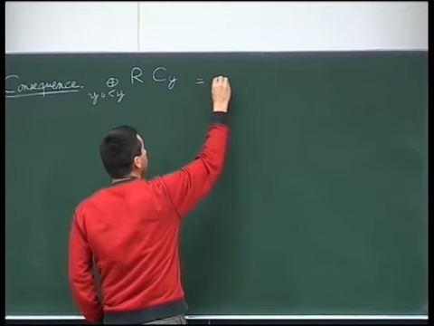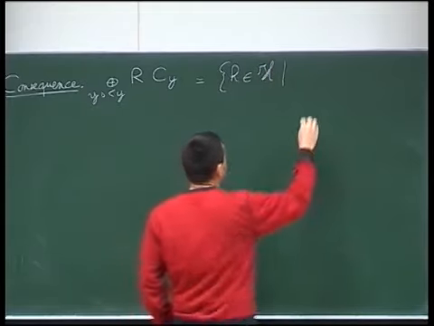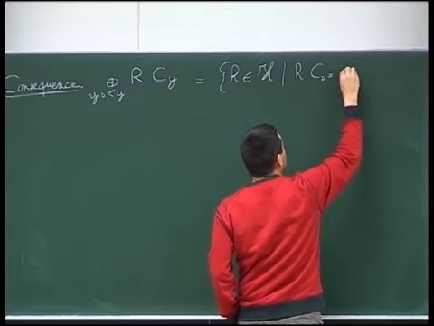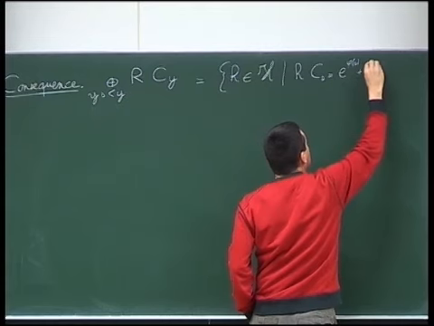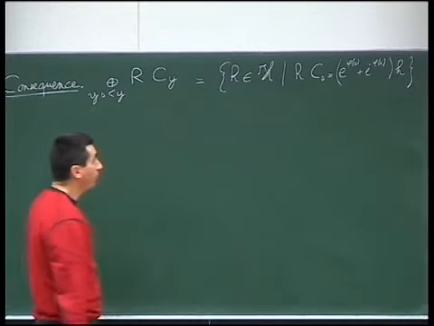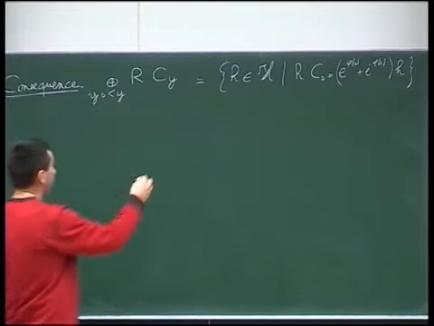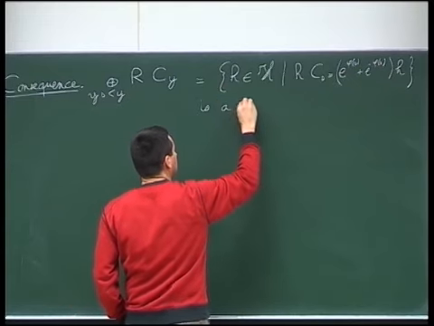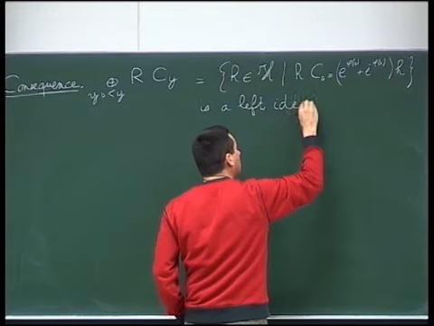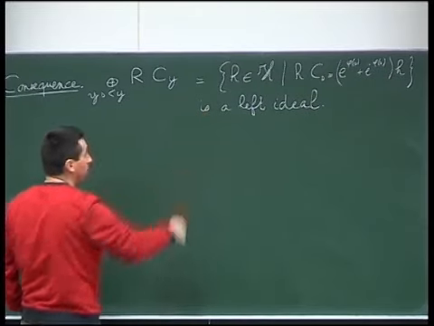So this is equal to the set of elements h in the Hecke algebra such that h times C_s is equal to a multiple of h, the multiple being given by this. And in particular, once you prove this, this tells you that this is a left ideal. The fact that it is a left ideal follows from this equality.